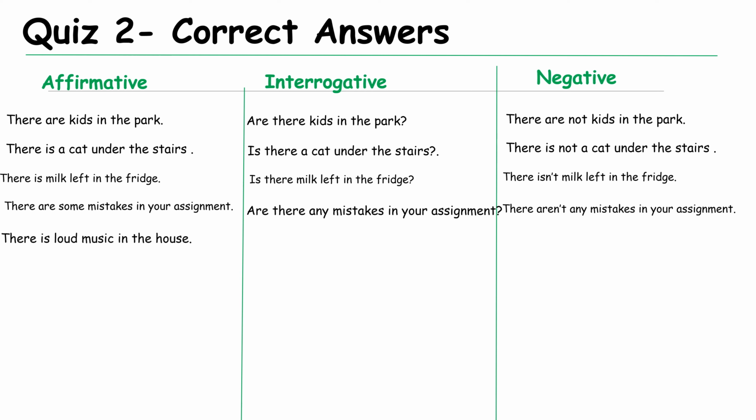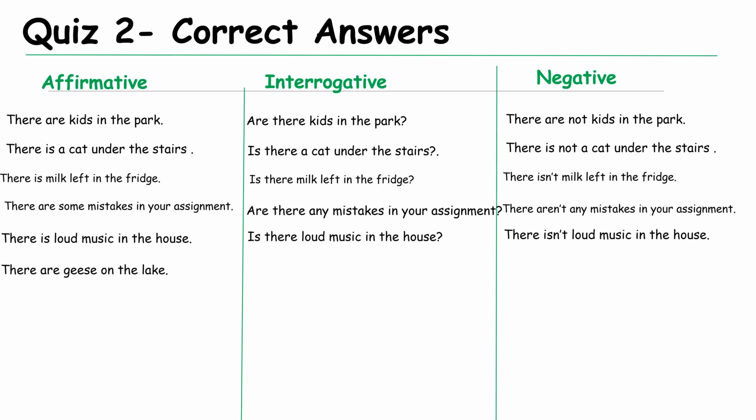There is loud music in the house. Is there loud music in the house? There is not loud music in the house. There are geese on the lake. Are there geese on the lake? There aren't geese on the lake.